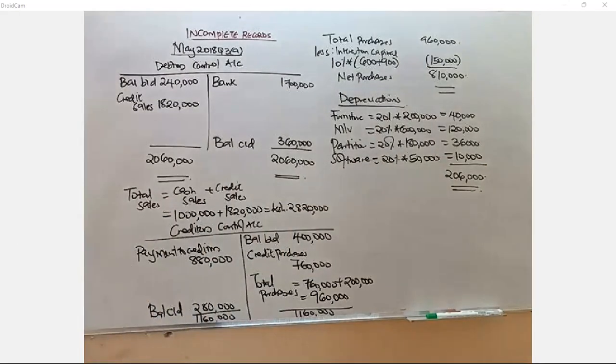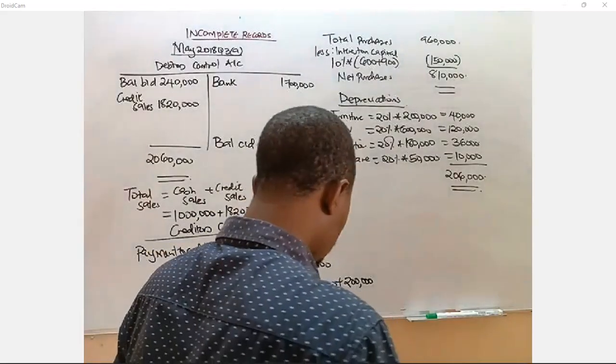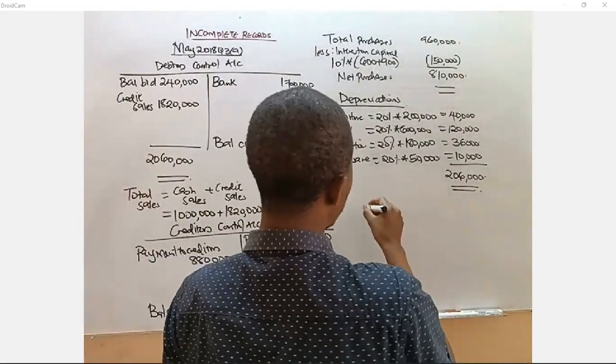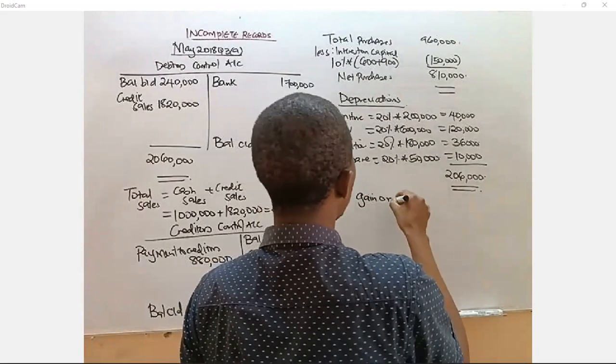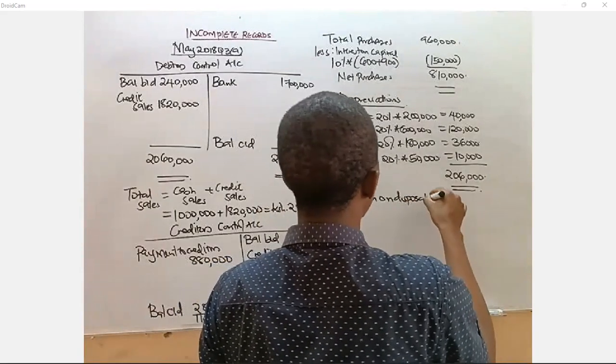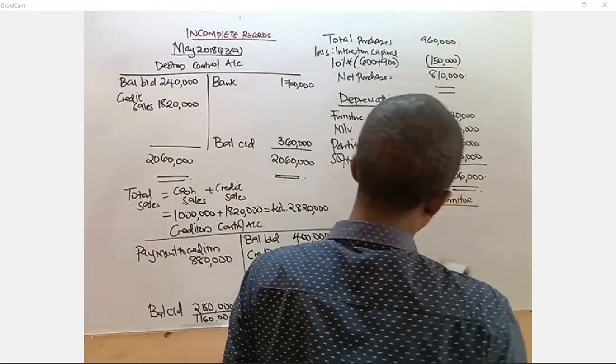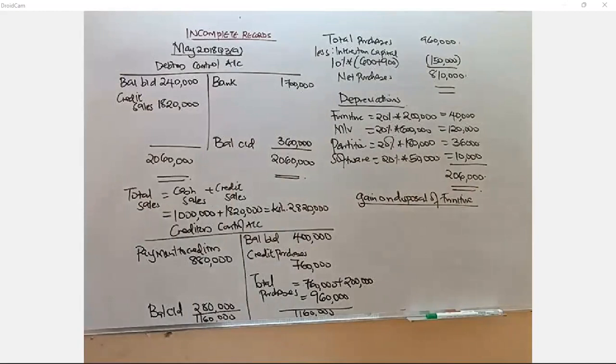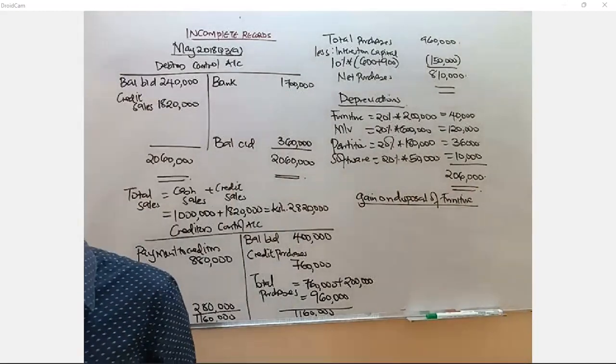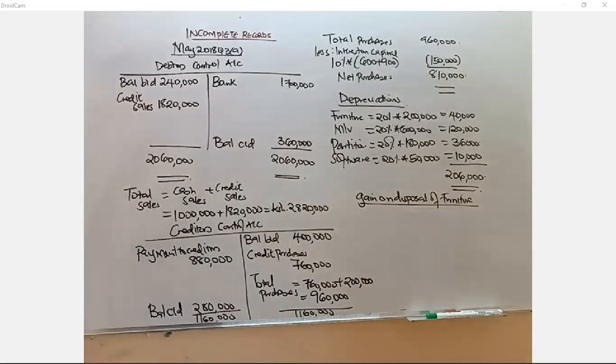There is another thing that I just want to look on, the gain on disposal of furniture. So in this case, when you look on the gain, you know it's an untaxable income, so it has to be looked at. In additional information number one, we have been told the cost of furniture was around 160,000, but it had an accumulated depreciation of 14,000 at the beginning of 2017. So the profit on the disposal was credited in the income statement for the year ended 31st December 2017.